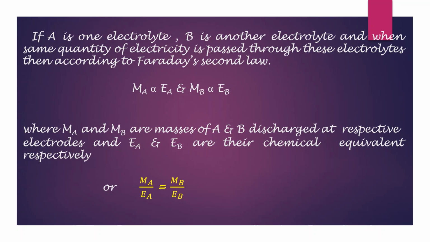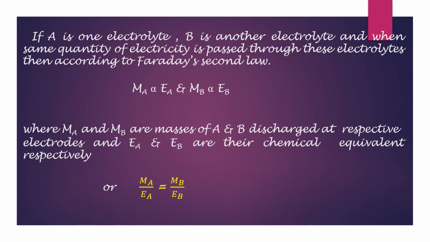So we can also put Faraday's second law of electrolysis in this way: Ma divided by Ea equals Mb divided by Eb. This is another way of putting forward Faraday's second law of electrolysis.